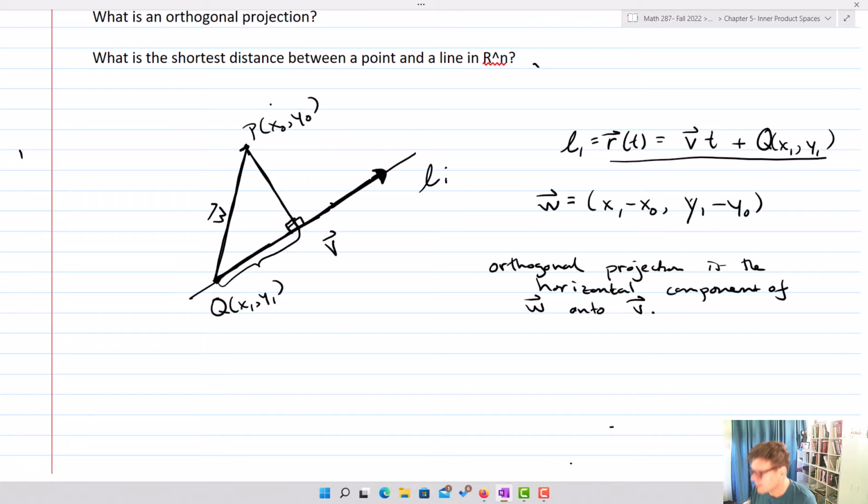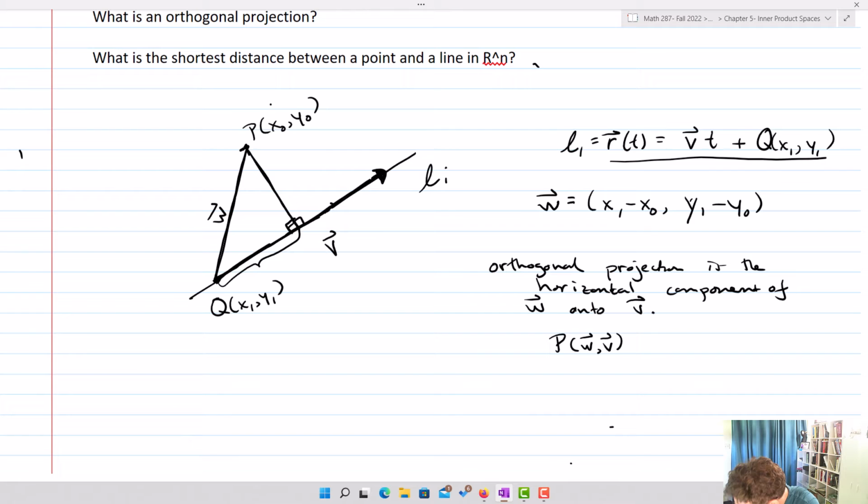Now, if V actually ended up being, say, for example, on the x-axis, then it would be very simple. I mean, you just take the x value for W. But in this case, we're going to assume that it's not, okay? So we've got to figure out what that's going to be, all right? And we're going to call that P of WV.